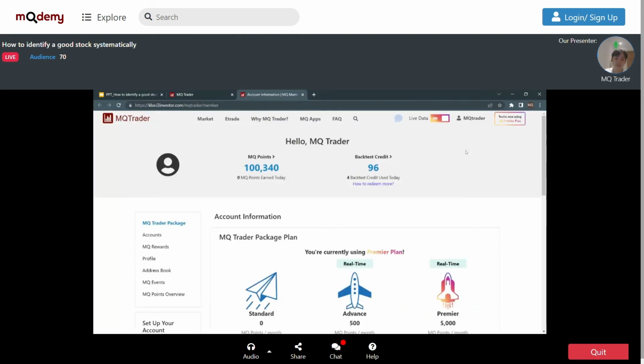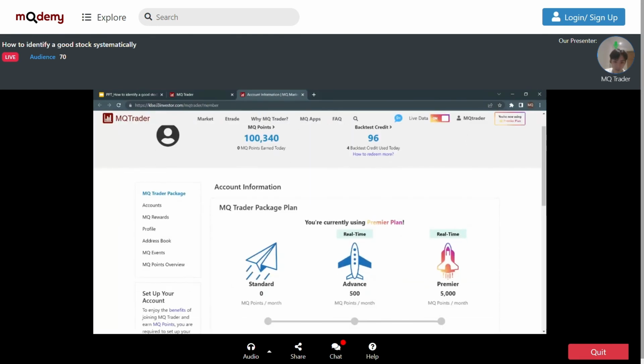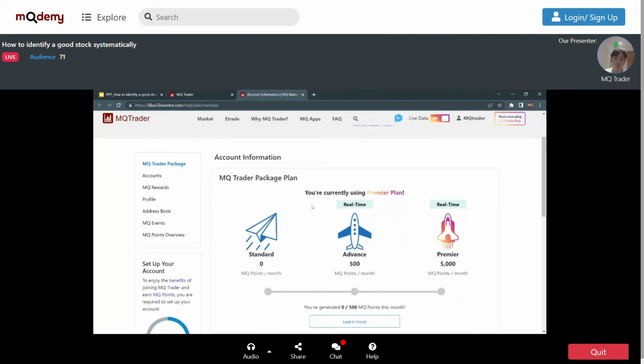You click here, MQTRADER package plan. It will also show what plan you are currently using. Once again, you will generate free MQ points when you do trading. And once your MQ points reach a certain level, like this one, 500 within that month, then you climb up to the next tier, the advance. And the same thing applies to the premium tier as well.